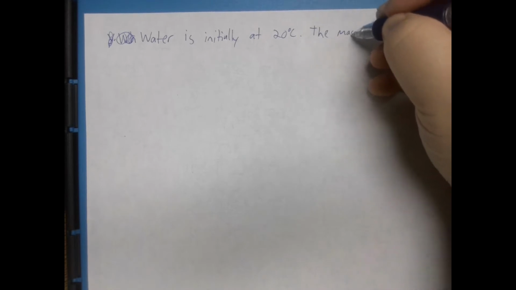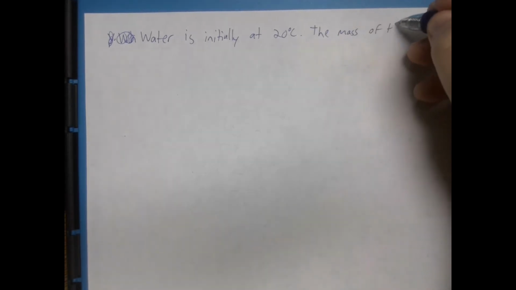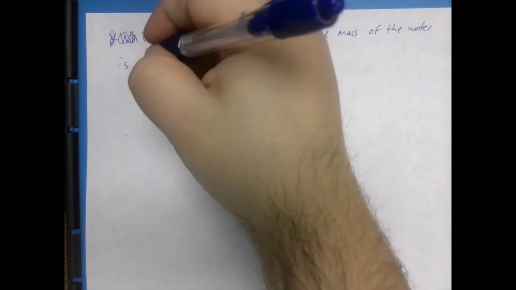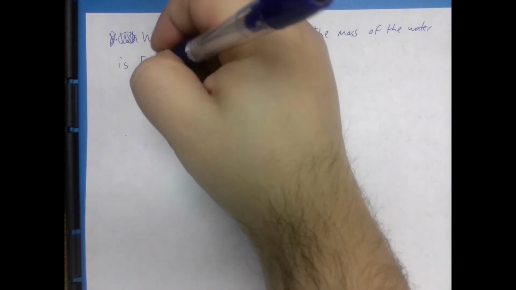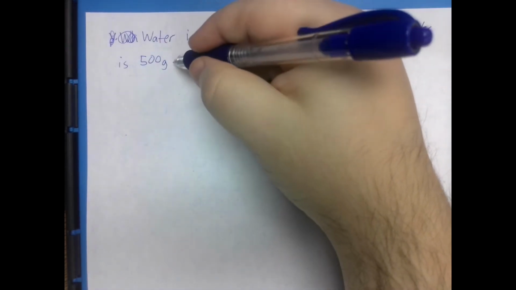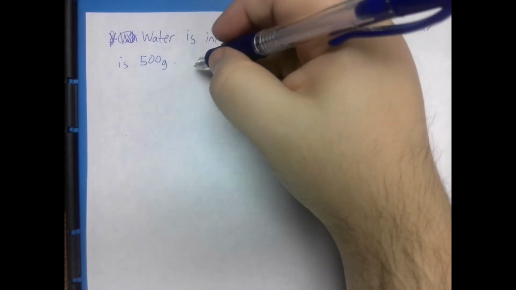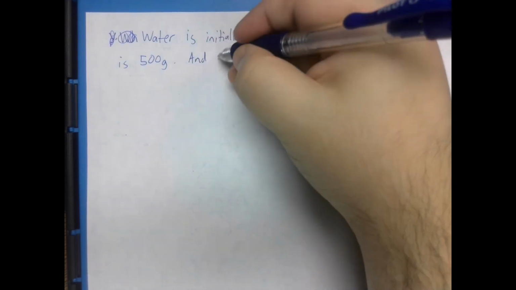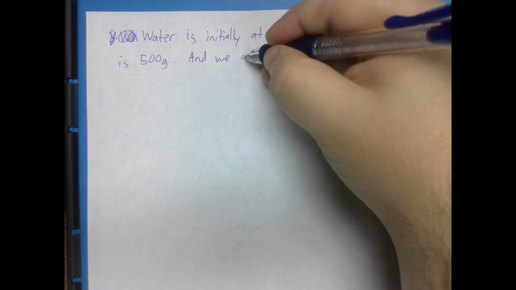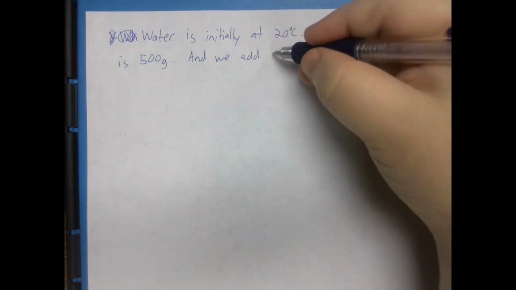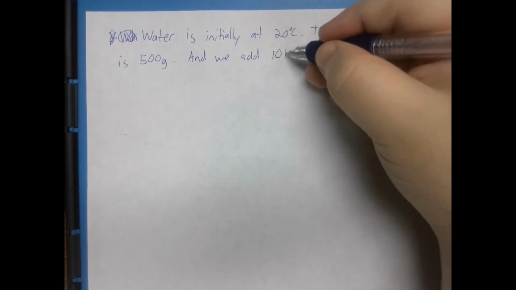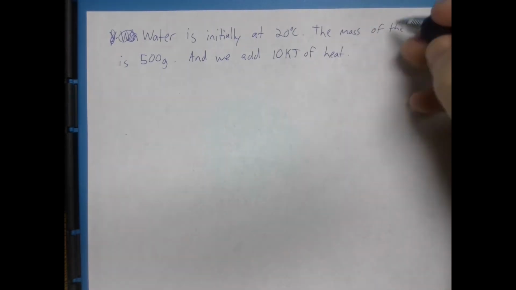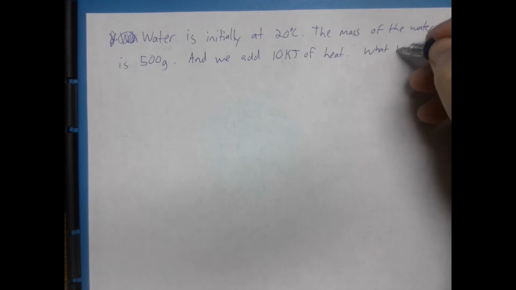The mass of the water is 500 grams. And we add 10 kilojoules of heat. What would be the final temperature?